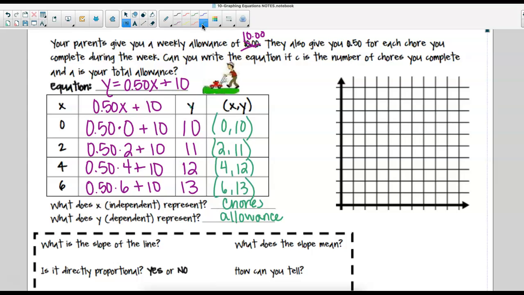So on our graph, if we're going to graph this, we have to label the graph. You can't just put numbers. You have to label it. We have chores down here. Allowance over here. I think in this one it makes sense to count by ones for the chores. So 0, 1, 2, 3, 4, 5, 6, 7, 8, 9, 10.